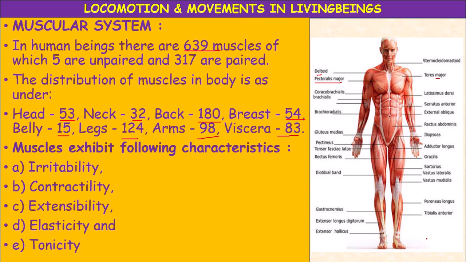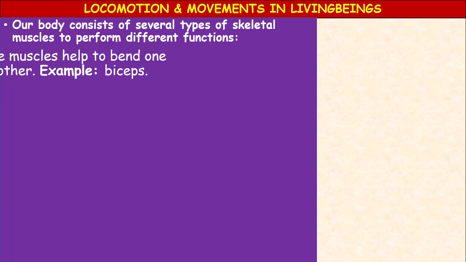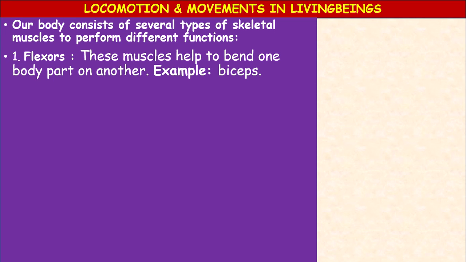So muscles can be toned. Okay, so our body consists of several types of skeletal muscles to perform different functions. So what are those skeletal muscles? The first one, flexors.